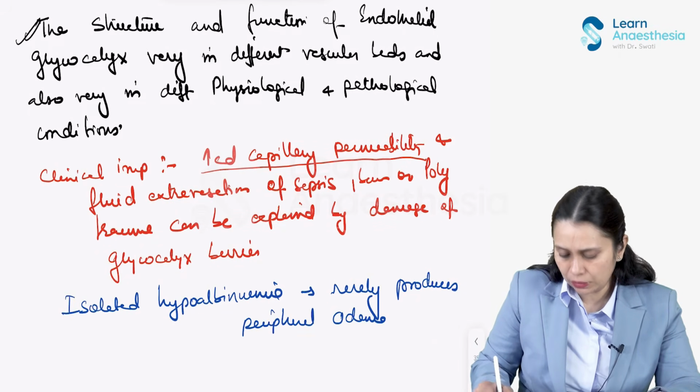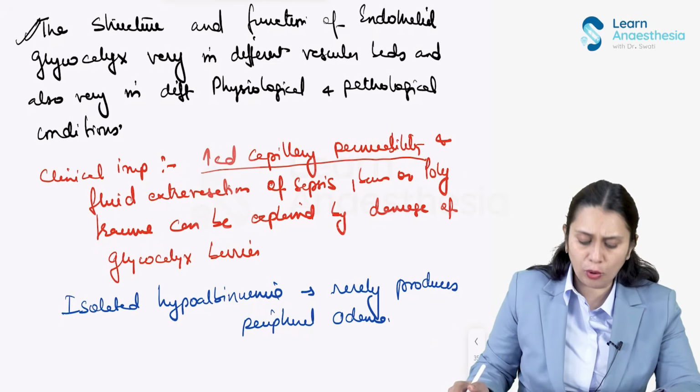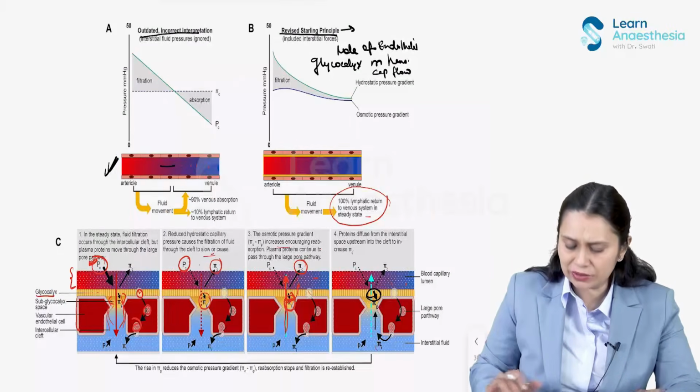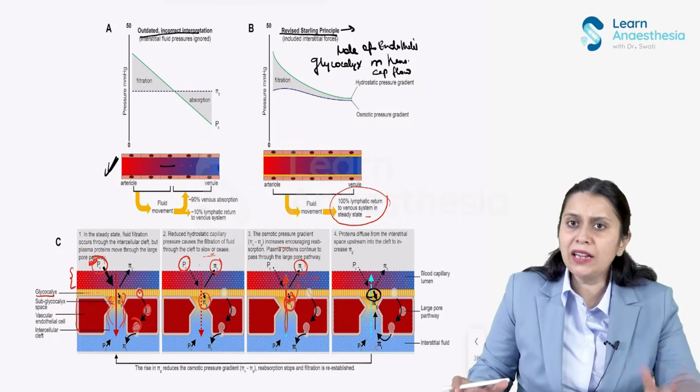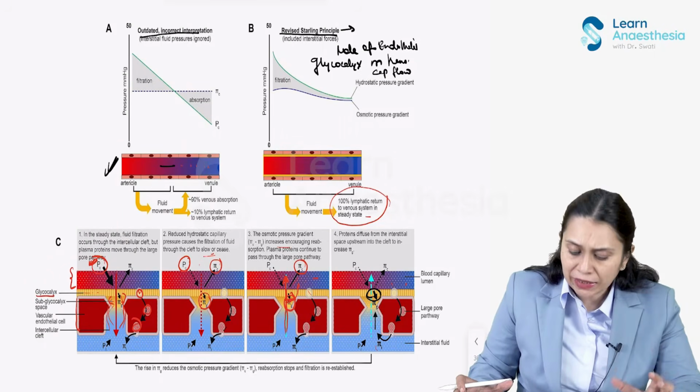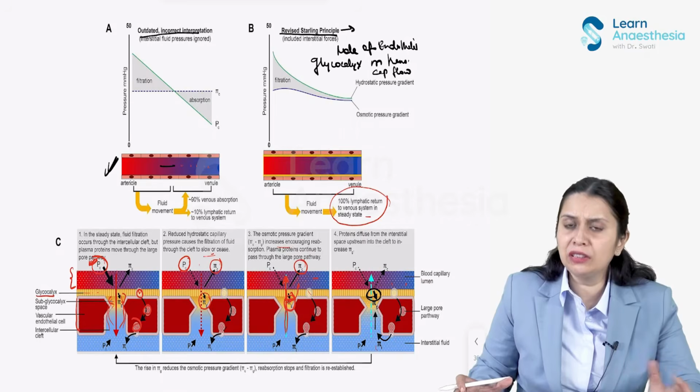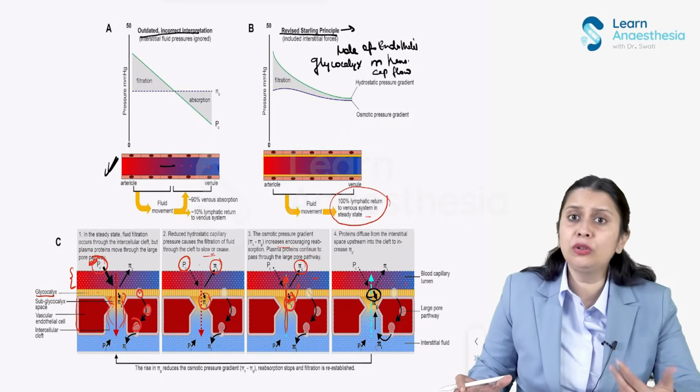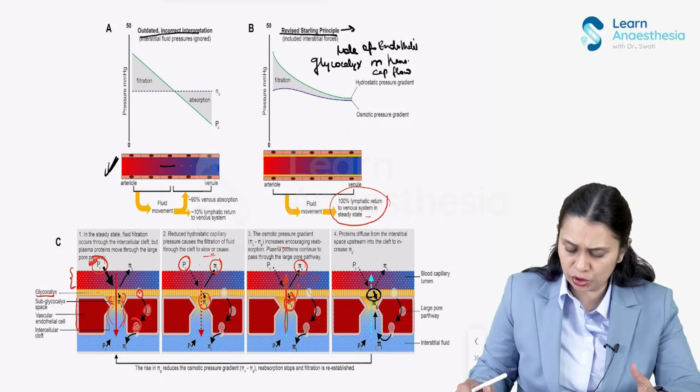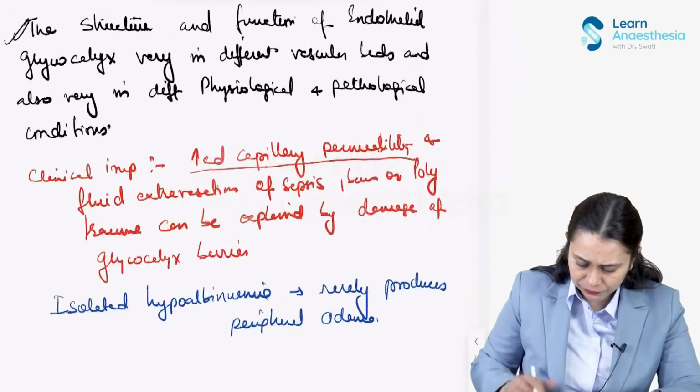Okay. So what is the role of colloid? What is the ability of colloid? The colloid has the ability to maintain the integrity of this glycocalyx layer and to restore the integrity in case of any damage.